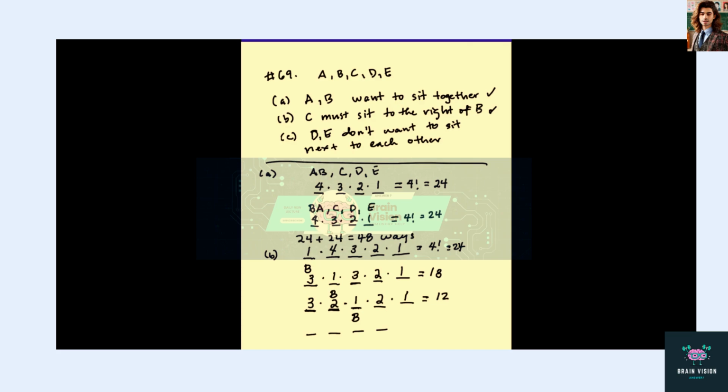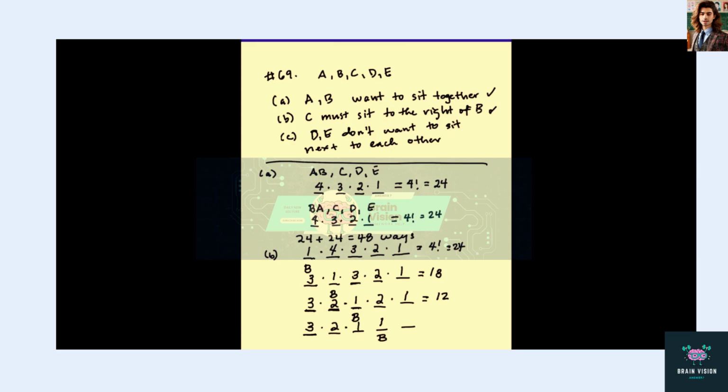Next, we can put B in the 4th seat. So 1 possibility for the 4th seat, just B. Now to the very first seat, there will be only 3 possibilities because B has been seated and C cannot sit there. Similarly, second seat, there will only be 2 possibilities.